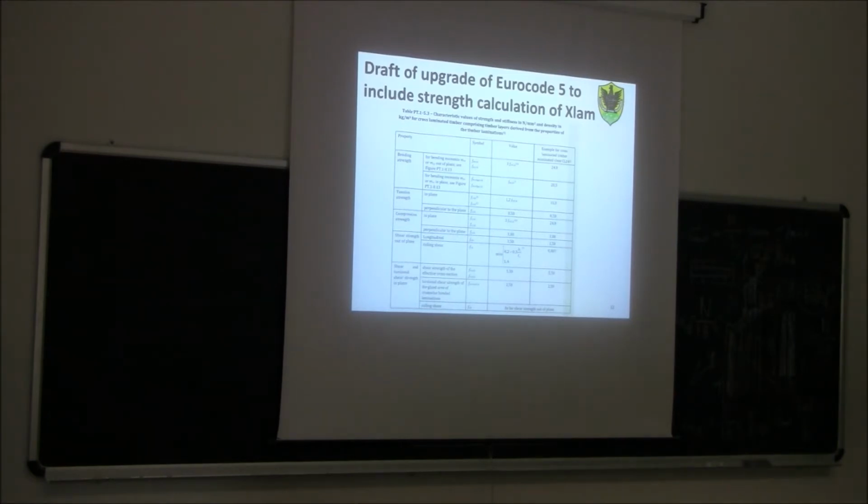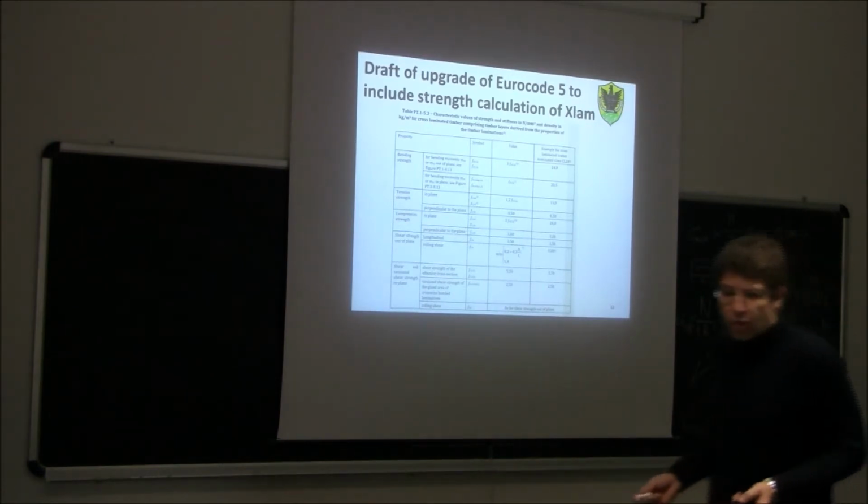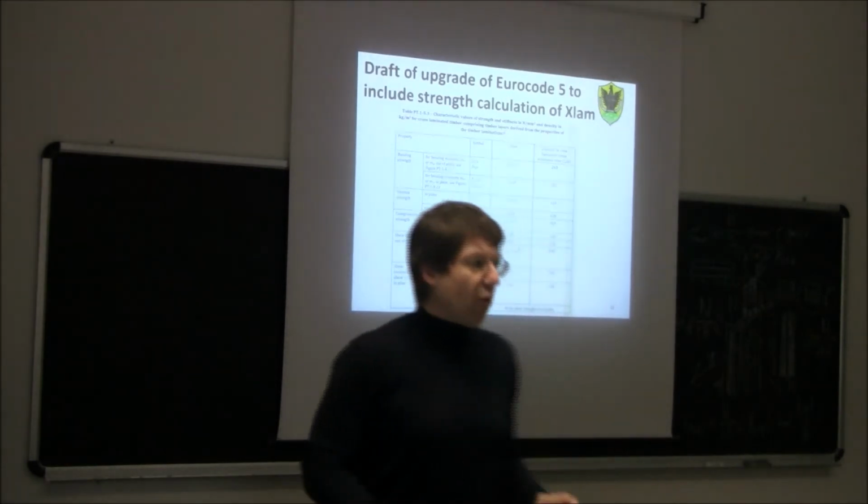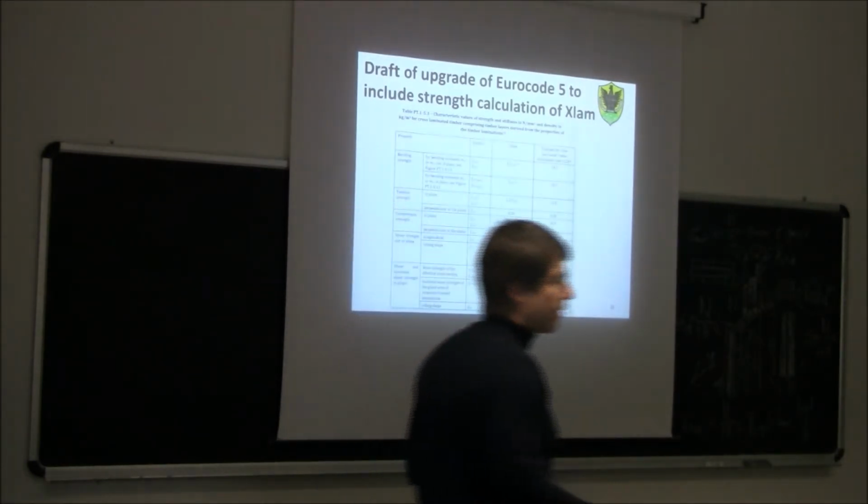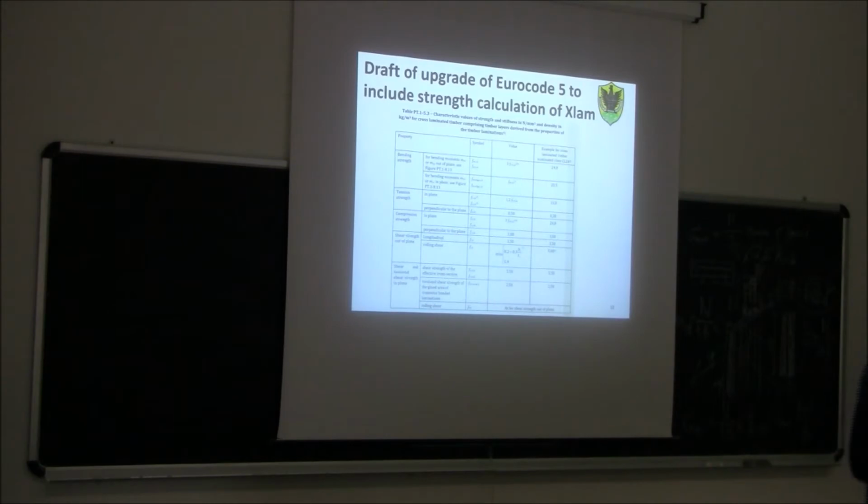So with this panel, of course, I have to know the strength class of the timber, because all the planks, as we said from the very beginning, shall be classified. So for each piece of timber, for each plank that I use to make the cross-laminated panel, I need to know the strength.